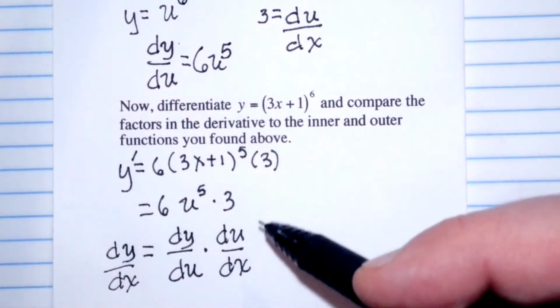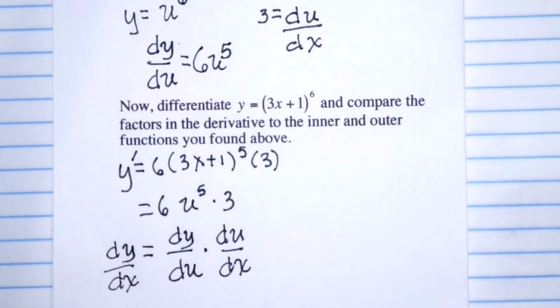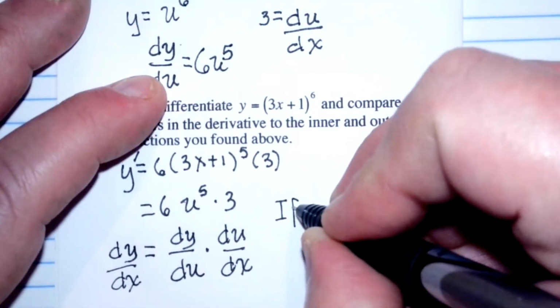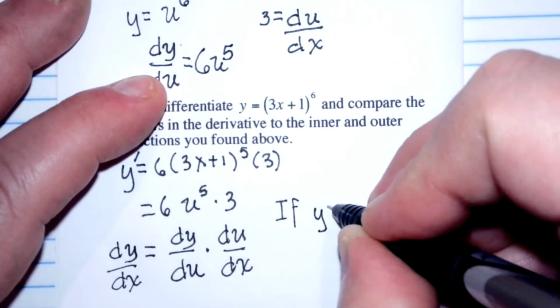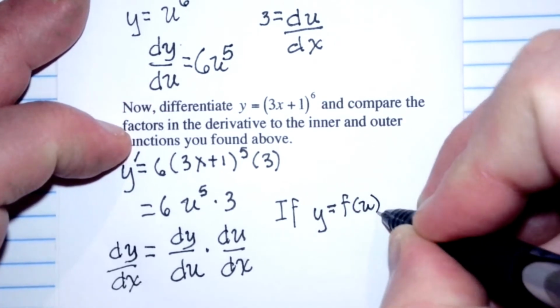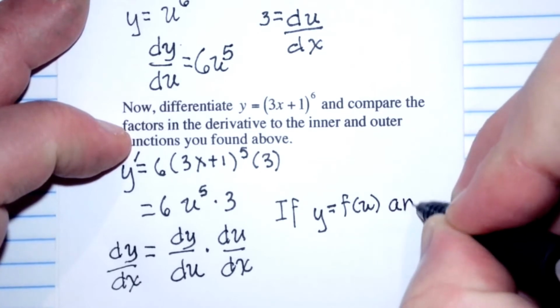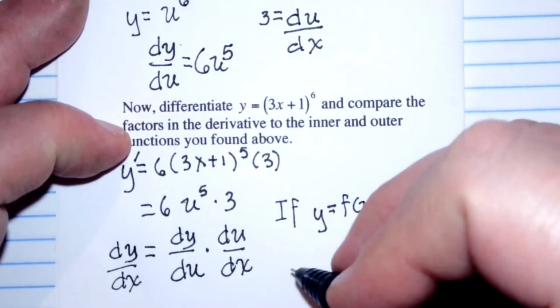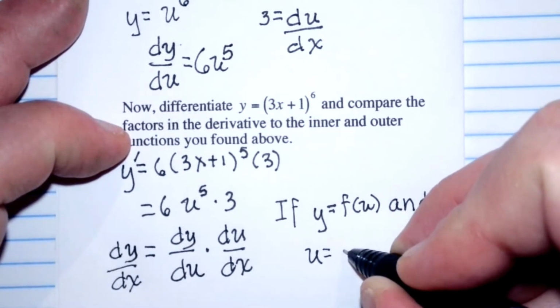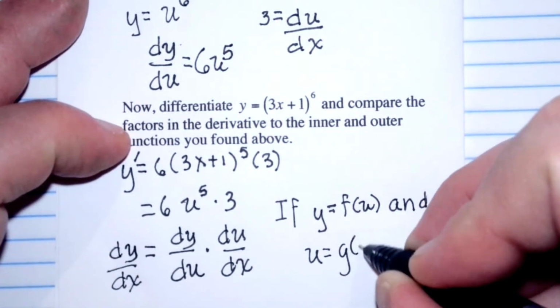If y is a function of u and u is a function of x, so if y is a function of u, and I'll just write it like this, f of u, and u is a function of x, and I'll just write that as g of x.